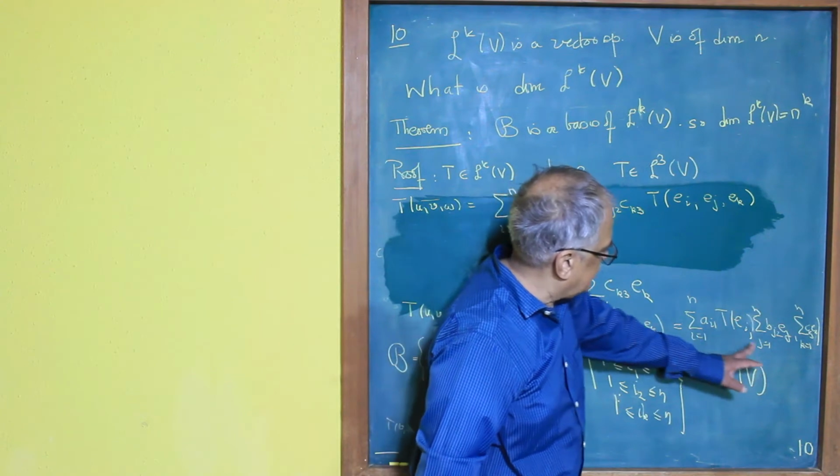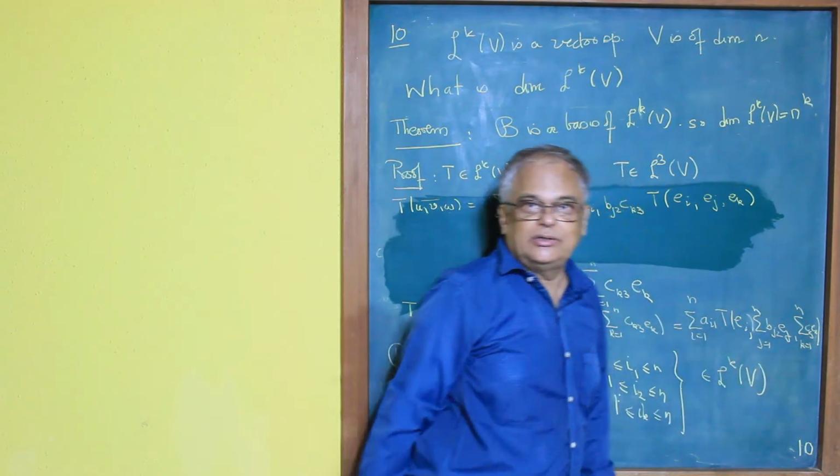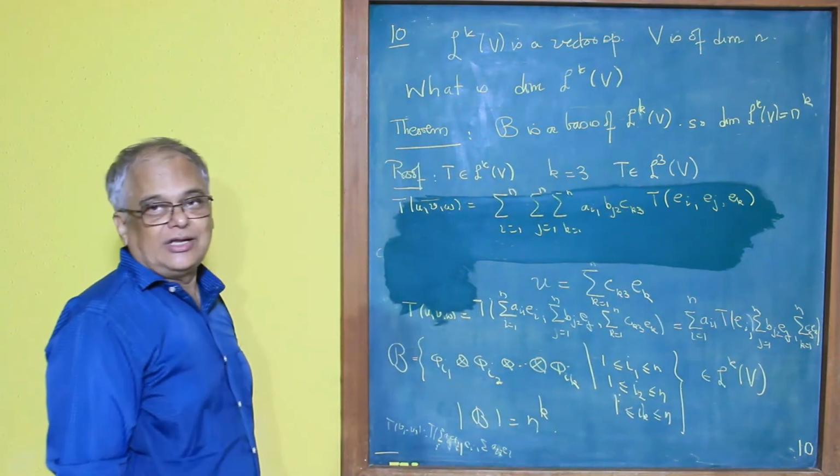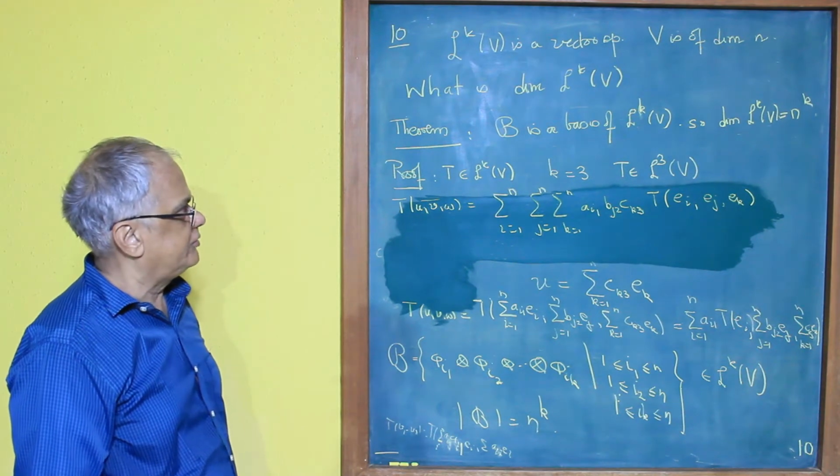I'm pulling out this a_i1, I'm pulling out the b_j2, and I'm pulling out the c_k3. This is what I'll finally get when I simplify this.